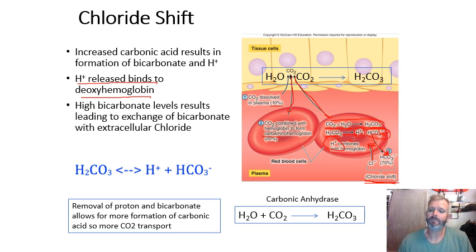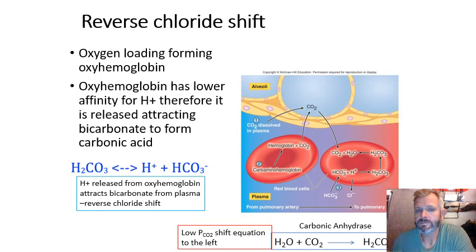What happens when we go up to the lungs? We get what's called the reverse chloride shift. Oxygen is loading and CO2 is leaving, in this direction. So now we're converting deoxyhemoglobin to oxyhemoglobin.